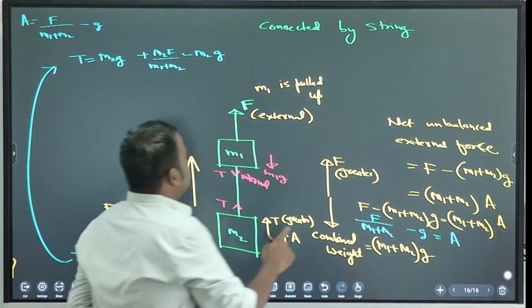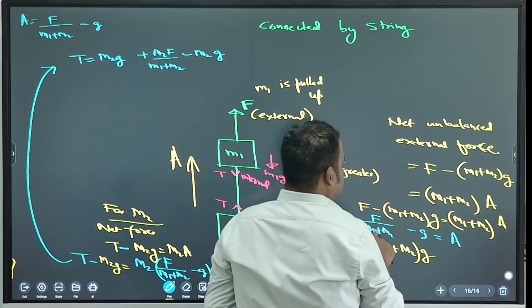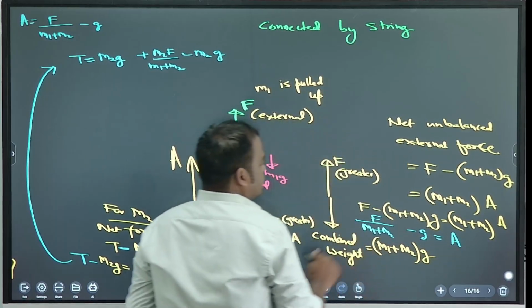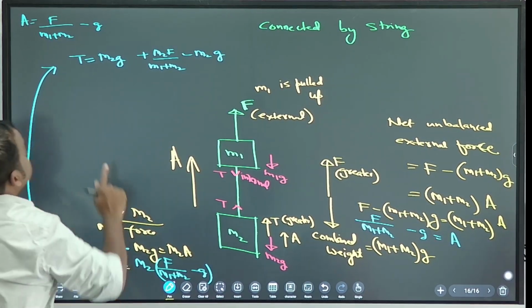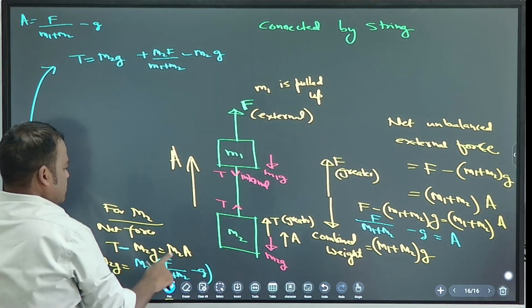Once again I will check. So F minus (m1 plus m2)g is (m1 plus m2)a. So F by (m1 plus m2) minus g is equal to a. So a is equal to F by (m1 plus m2) minus g. T minus m2g is equal to m2a.